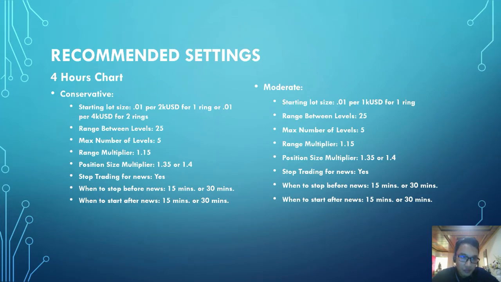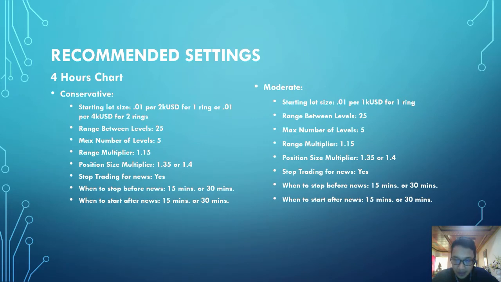So for the 4-hour chart, conservative would be a starting lot size of 0.01 per 2k USD for 1 ring, or 0.01 per 4k USD for 2 rings. The range level would be the same as the daily chart, and the settings below too. Then for moderate settings, 0.01 per 1k USD for 1 ring.